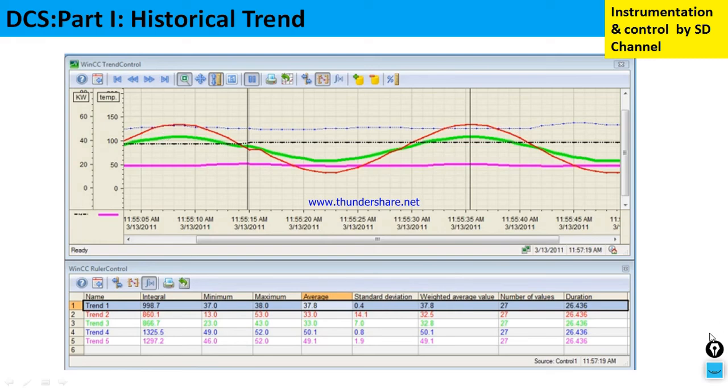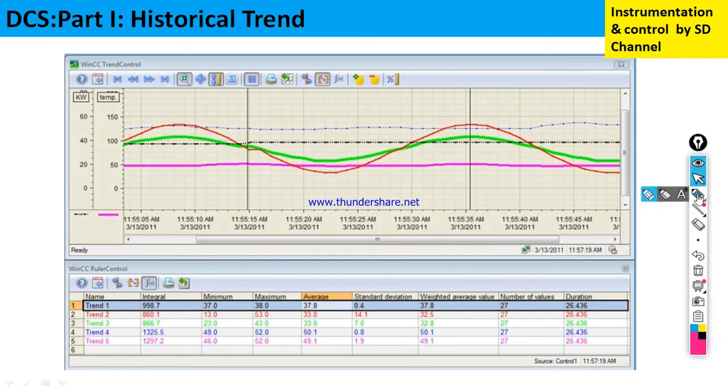From historical trend, you can check the graph pattern, how the graph pattern usually is and how it is behaving now. So we can compare these two graphs to improve the system. Suppose, for example, this graph is a sinusoidal wave, and it means there is a fluctuation.